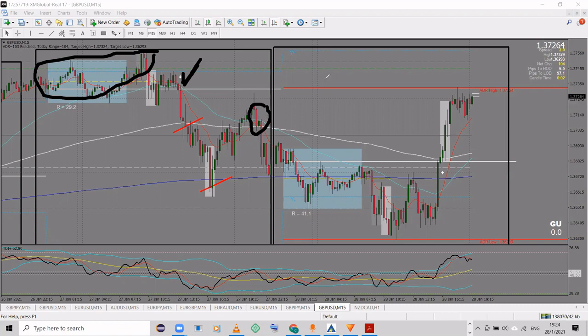So entry will be right there. This is yesterday. I took this trade right there, and let me calculate how many pips. I got 30 pips out of here, as you can see.